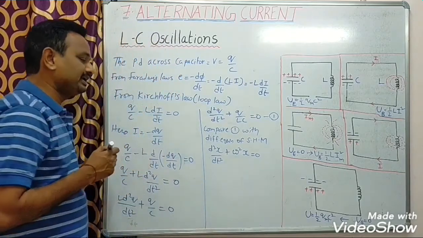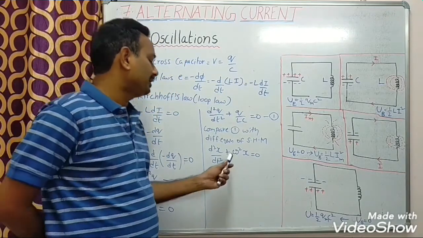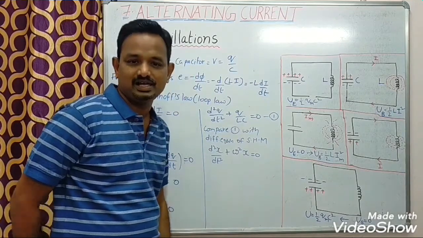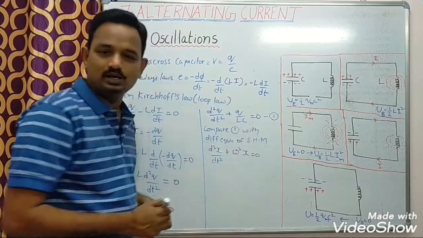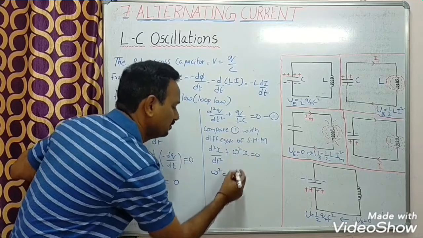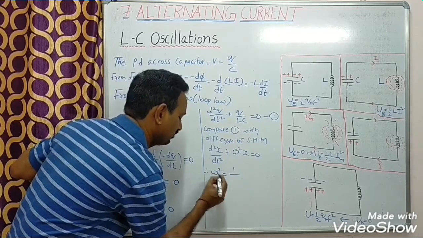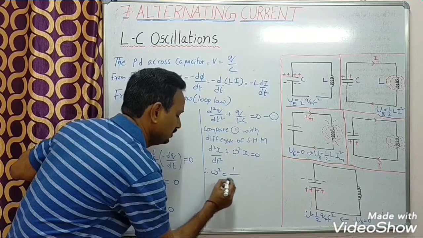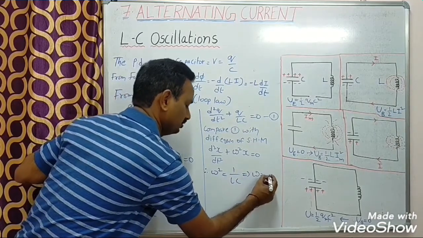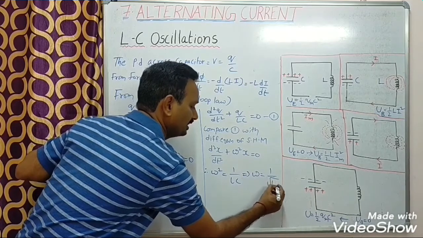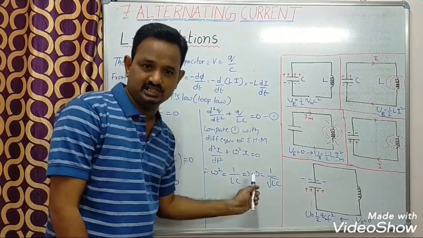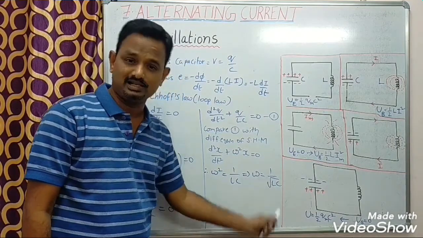If you compare, in the place of omega square we have 1 by LC. So by comparing 1 and 2, omega square equal to 1 by LC. From that, omega equal to 1 by root over LC.